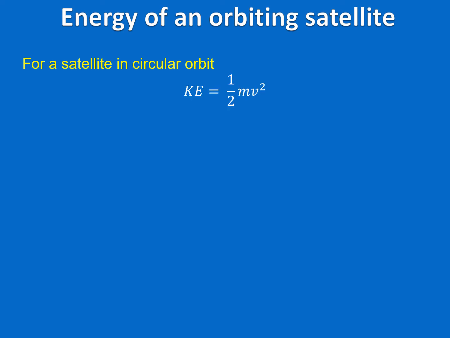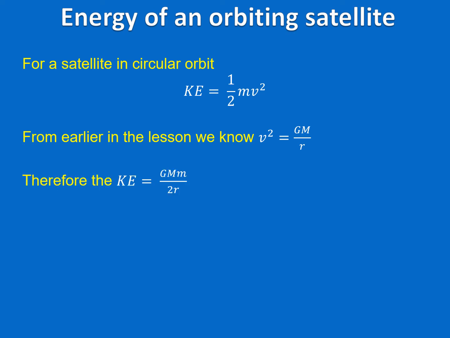And earlier on in the session, we had an expression for v squared when we looked at Newton's law of gravitation. So v squared was equal to GM over r. We can substitute that into the kinetic energy equation and get an expression for kinetic energy. So GMm over 2r. Remember, capital M is the mass of the planet, and the lowercase m is the mass of the satellite.